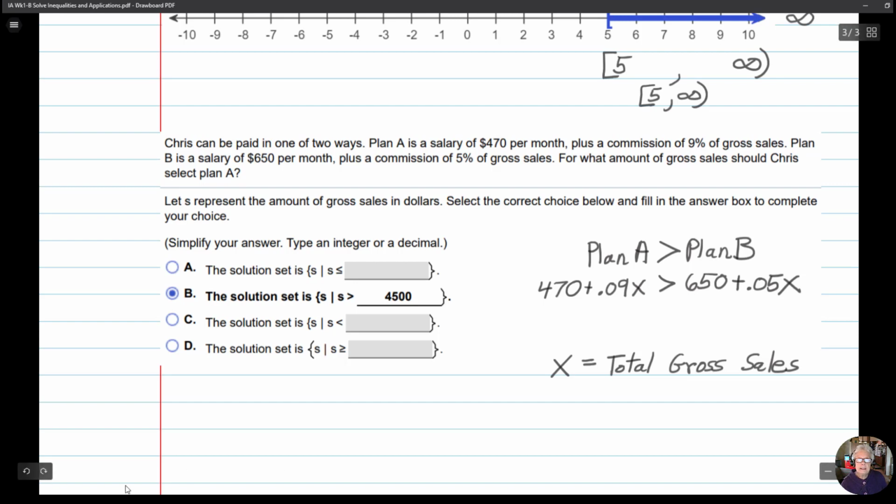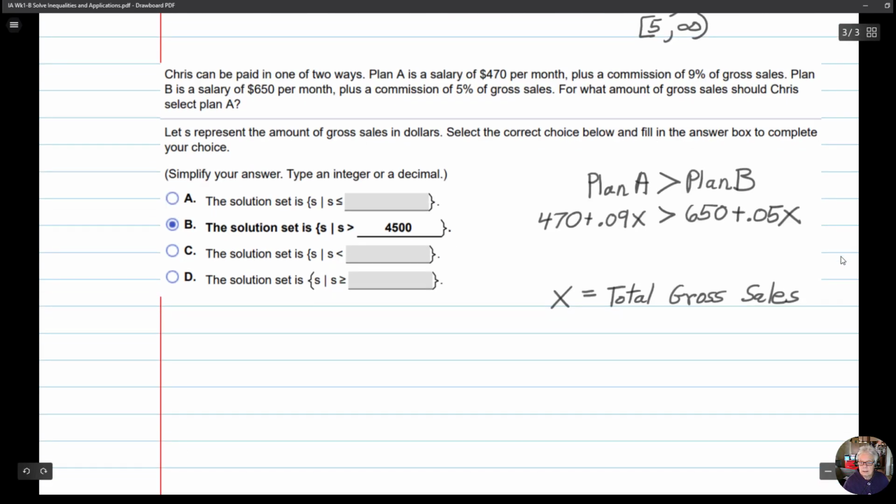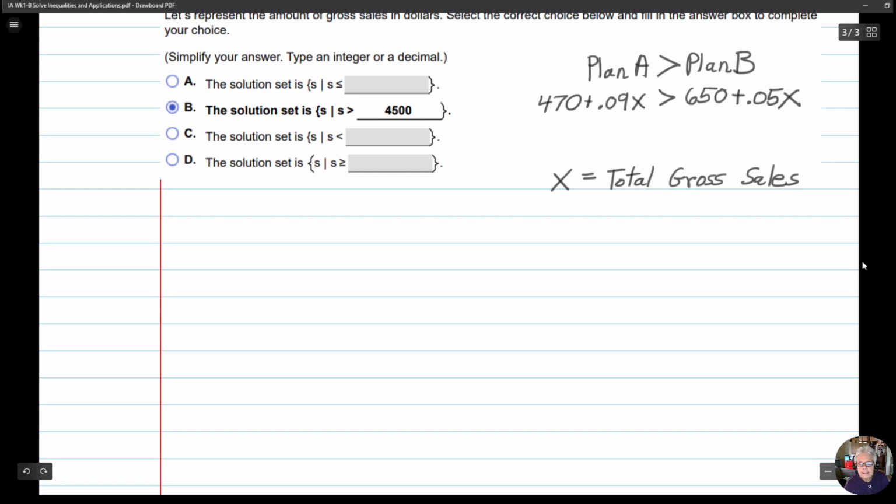And now we're going to calculate this. 470 plus 0.09 x is greater than 650 plus 0.05 x. I have to get my x's on the left of the inequality sign and my constants on the right.